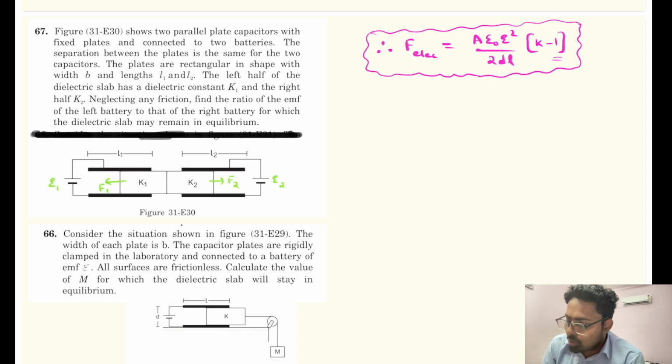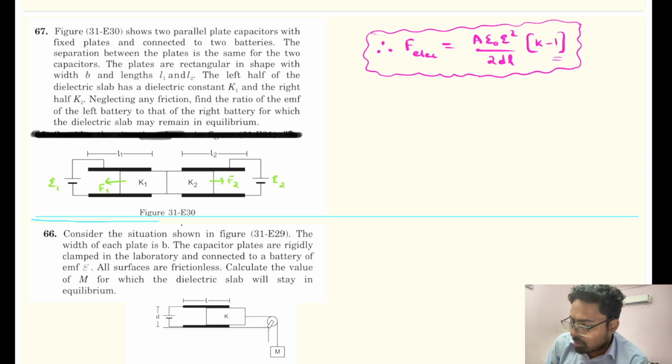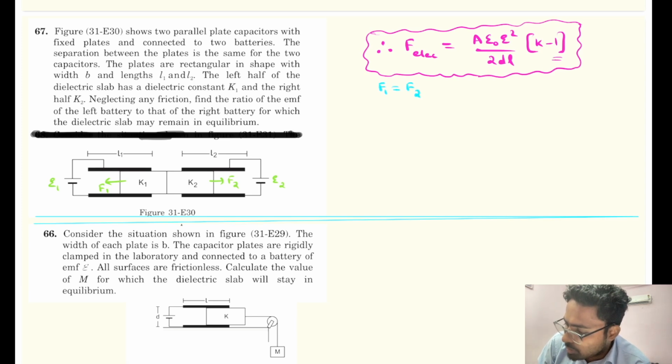They're telling that it should remain in equilibrium. Equilibrium means net force should be zero. Net force zero means simply F1 should be equal to F2. Obviously both F1 and F2 must be equal, so let us equate the values of F1 and F2.